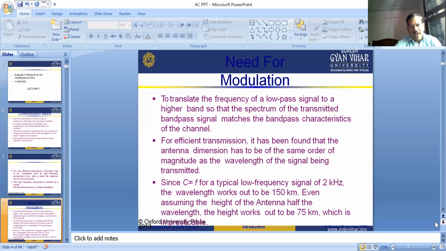So the height of the antenna depends on the frequency and wavelength of the signal. This is the formula for determining the height of the antenna.